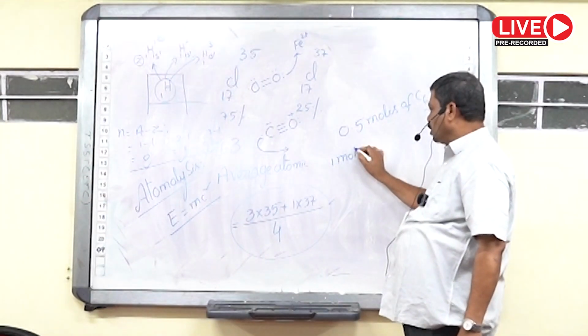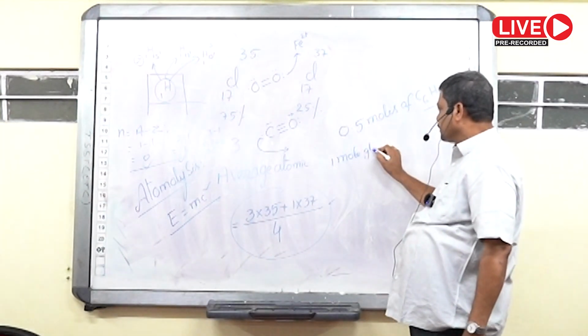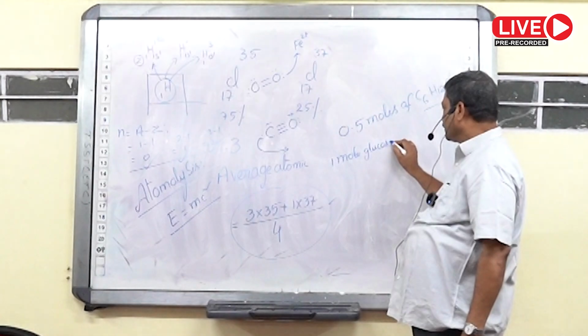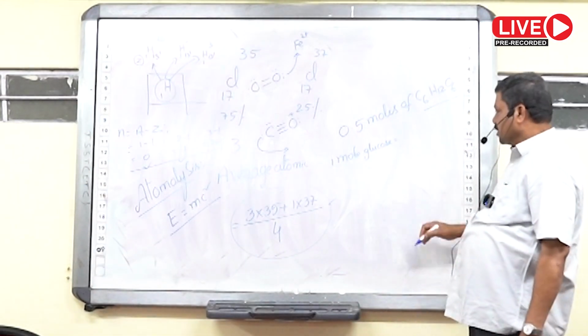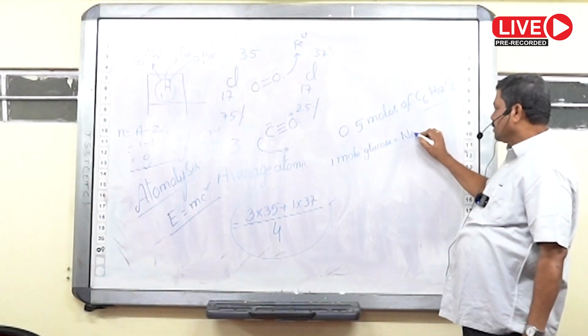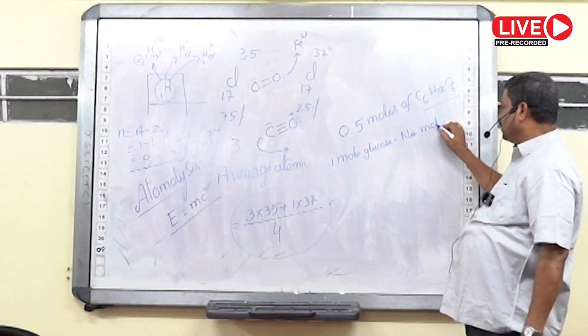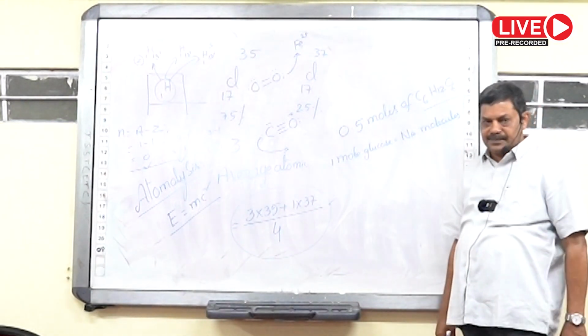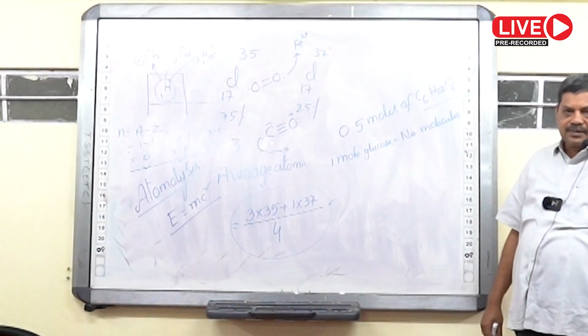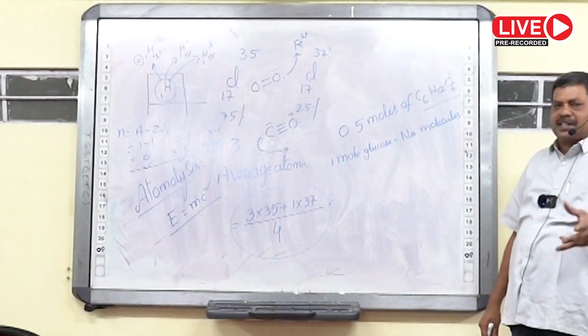So 1 mole of glucose is equal to Na molecules. Do you accept or not? 1 mole of any substance contains what?